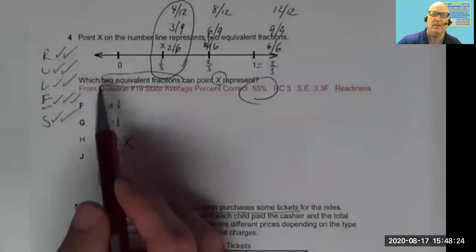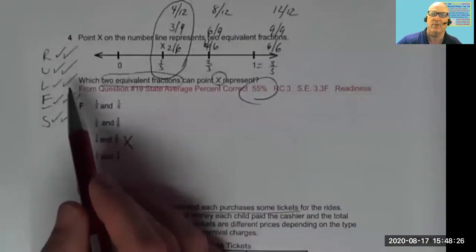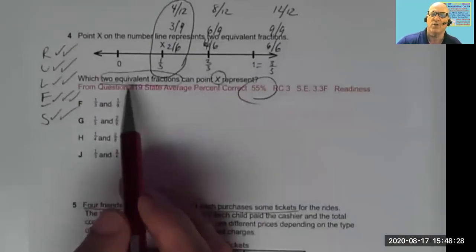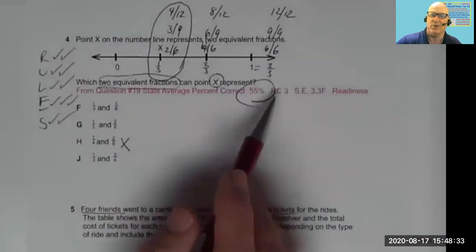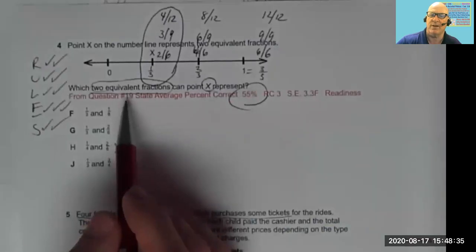We read, we underlined, and we labeled first. So which 2 equivalent fractions can point X represent? As you can see, this came from question number 19 on the 3rd grade test, and I don't mean this problem.